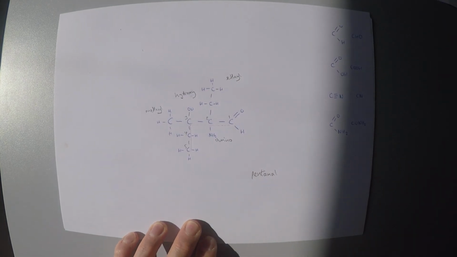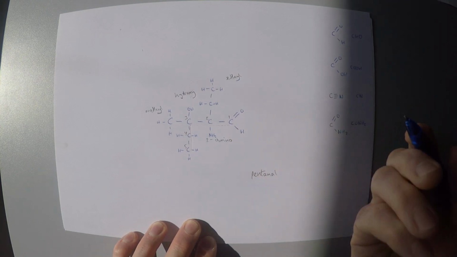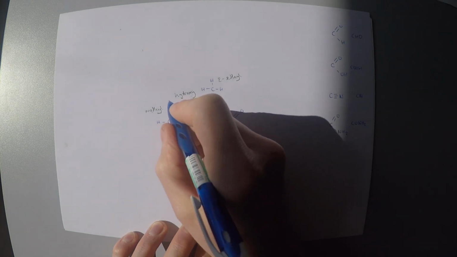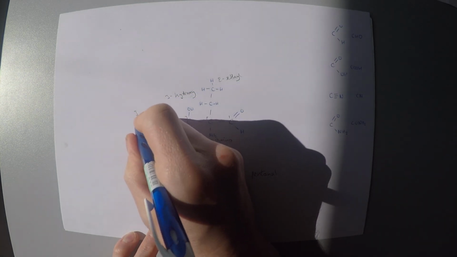So our amino group is going to be on carbon 2, so it's 2 amino. Our ethyl group is also on carbon 2, so 2 ethyl. Our hydroxy group is on carbon 3, so 3 hydroxy. And the methyl group is also on carbon 3. Okay, so we now know where everything is going to be, and all of these will be named as prefixes since we've already used the AL for the aldehyde as our suffix.